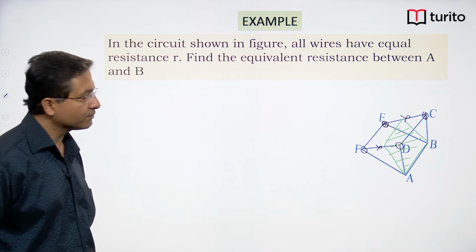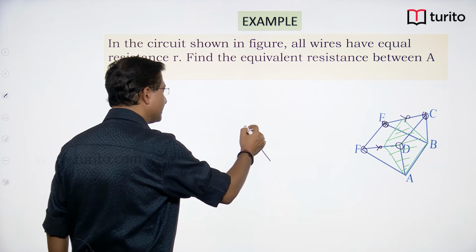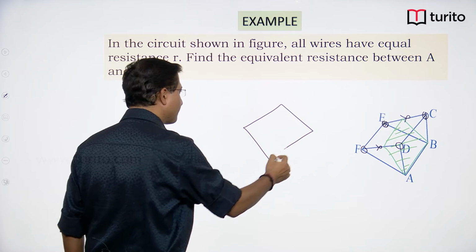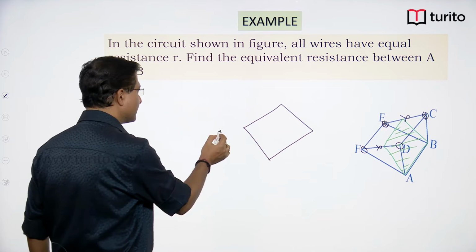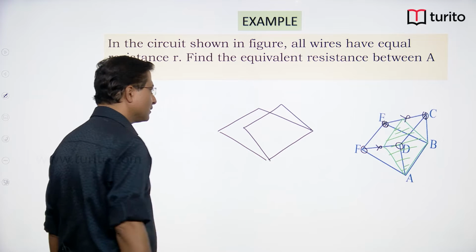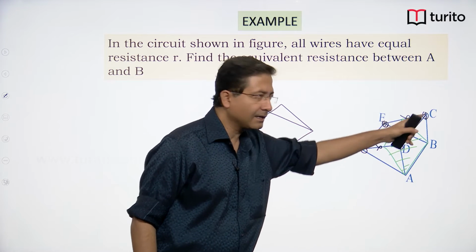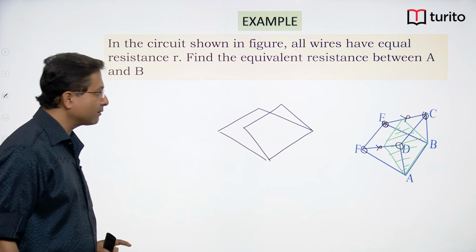This I can remove. So what I can see is AD, this one, and then I will get this diagram. I have removed the FD resistor and the EC resistor. This is the diagram I am getting.